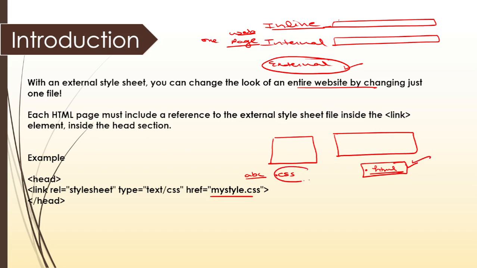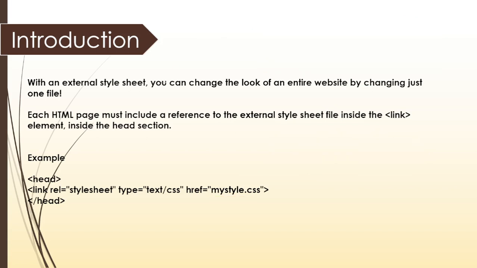After that we need to connect, to join these files together to apply the styling to the given HTML page. I will tell you everything practically, so keep watching this video.